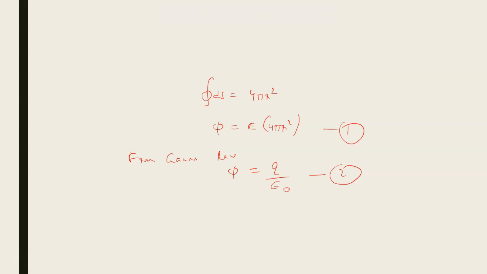Now by comparing equation 1 and equation number 2, E times 4 pi r square equals q by epsilon naught, or E equals q upon 4 pi epsilon naught r square.